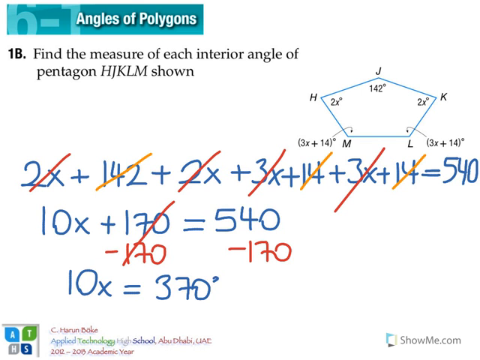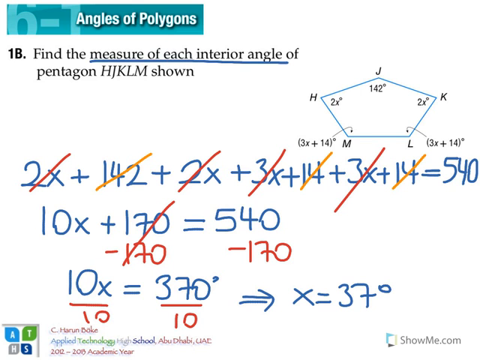So to find x, I have to divide both sides by 10, so that x will be alone, 37 degrees. Now the question asks me to find the measure of each interior angle. Now I know this, but I don't know 2x and 3x plus 14. So these are the ones that I should calculate.